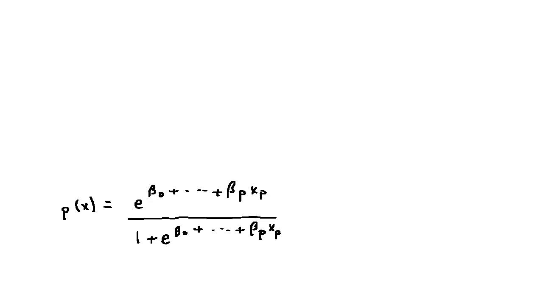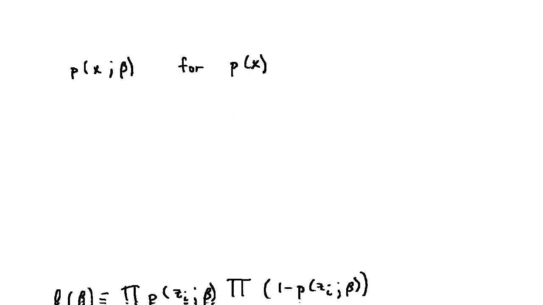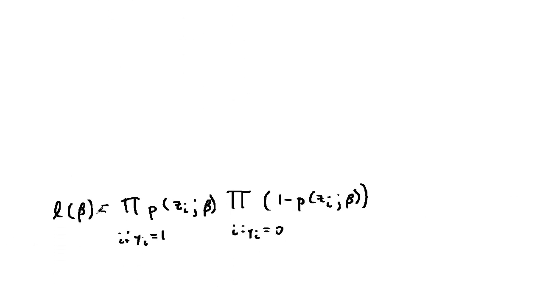Okay, to indicate this dependence, we'll write p of x semicolon beta for p of x. So L of beta is the product of p of zi semicolon beta times the product of 1 minus p of zi semicolon beta.